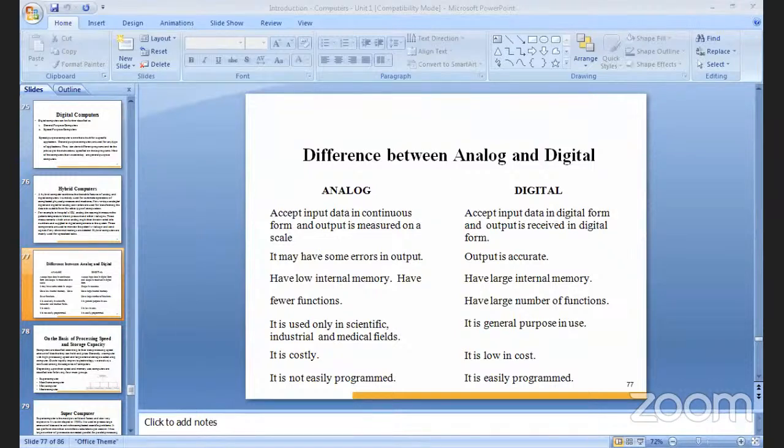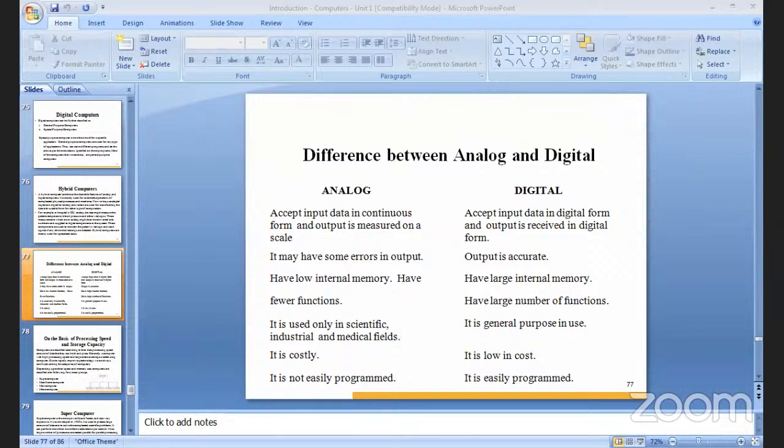In the first case, we are measuring the output data, but in the second case, we are not measuring it; it is released in a digital format.